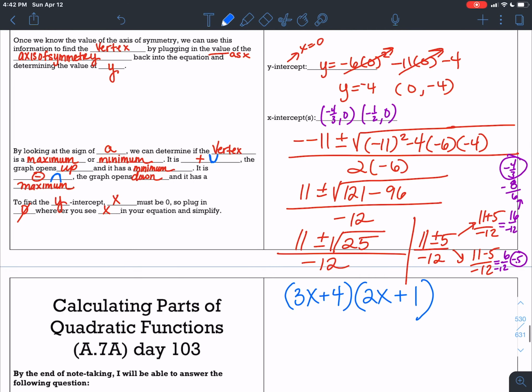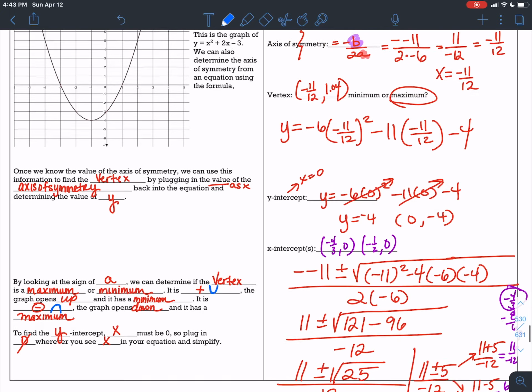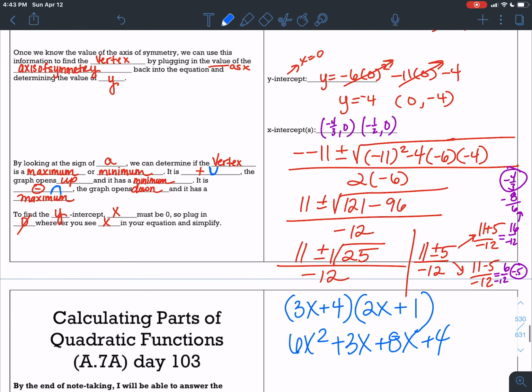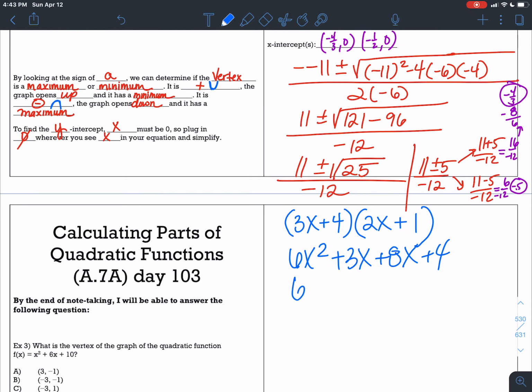And let's multiply that out to see what happens. 6x squared plus 3x plus 8x plus 4. Six x squared plus 11x plus 4.